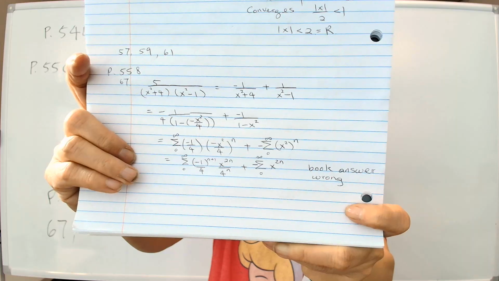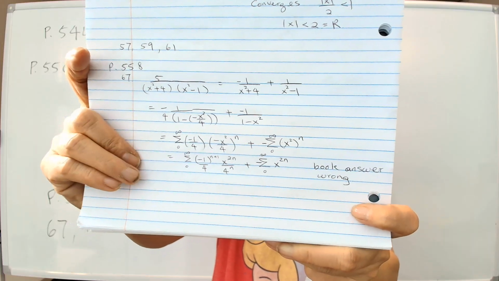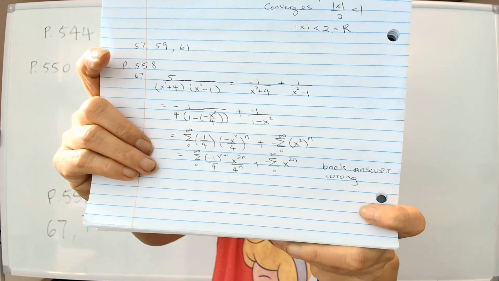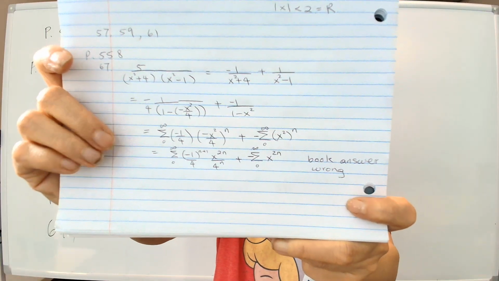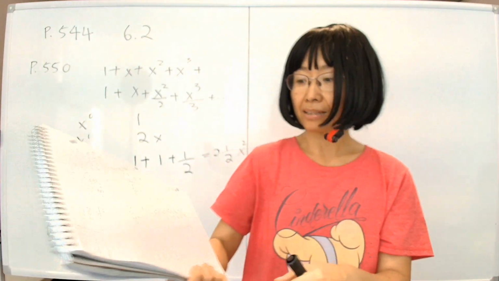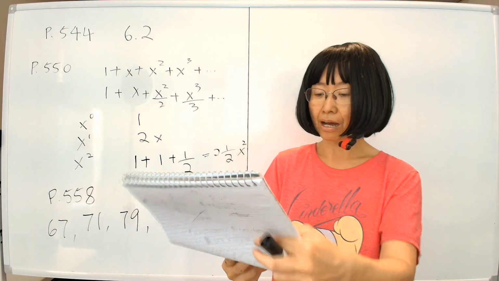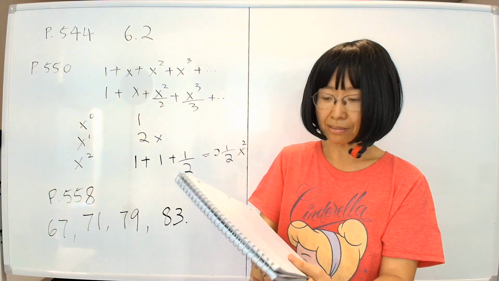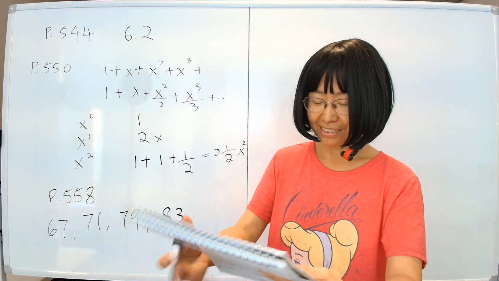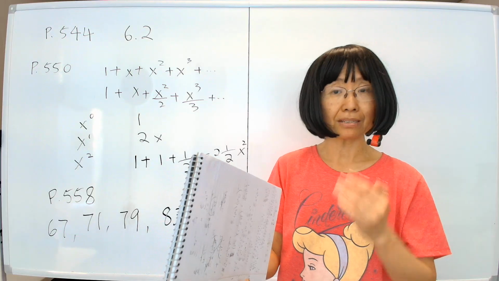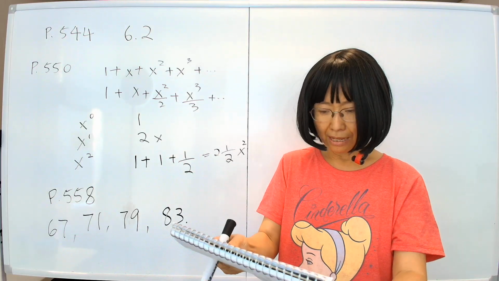Now, the answer at the back of the book is somewhat different, but I'm positive this is correct because the answer at the back isn't even consistent. So then, yeah. But if you get the same answer as me, then you should be right. I mean, that also proves that I'm right. If you get the answer at the back of the book, then I might be wrong.